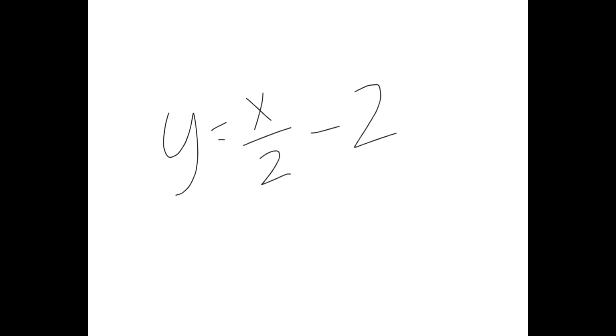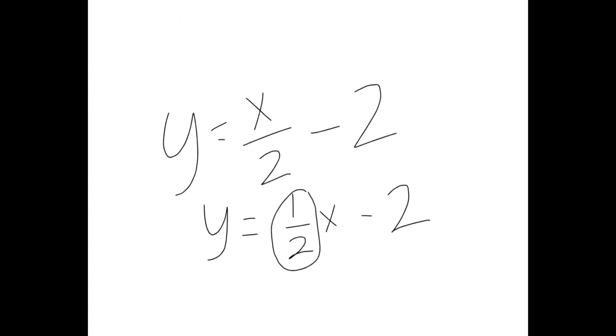Let's look at the slope intercept form. Do you remember how to do this? Well, we would have to rewrite that as half times x, take away 2. So on the slope intercept form, the number in front of x is the slope. So the slope is a half. And then this other number by itself, -2, is the y-intercept.